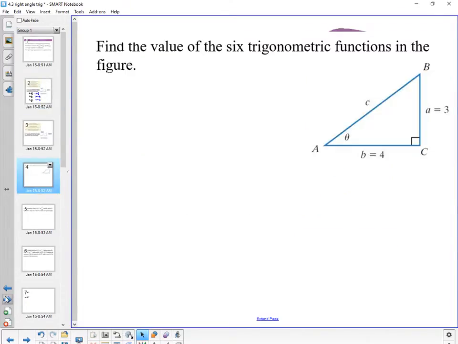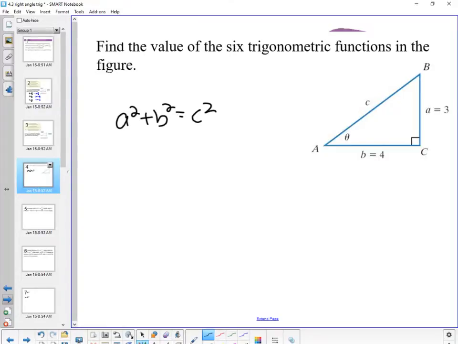Okay, so we'll be working with some triangles, and they're gonna ask us to find all 6 trig functions, right? Now, if I know 2 sides of a right triangle, I should be able to find the third using the Pythagorean theorem: a squared plus b squared equals c squared, where c is the longest side, the hypotenuse.